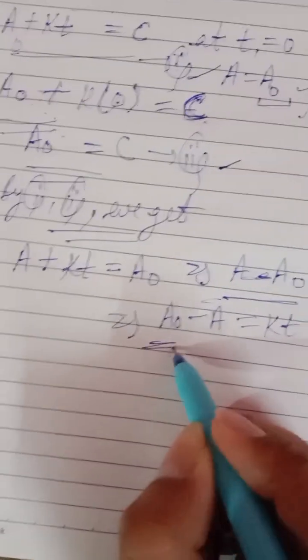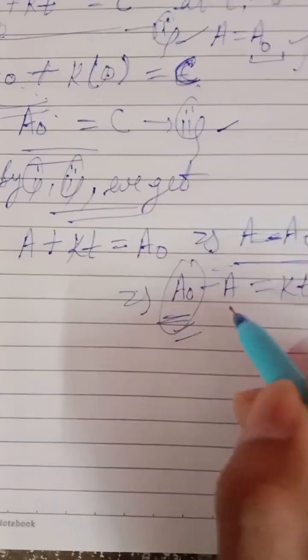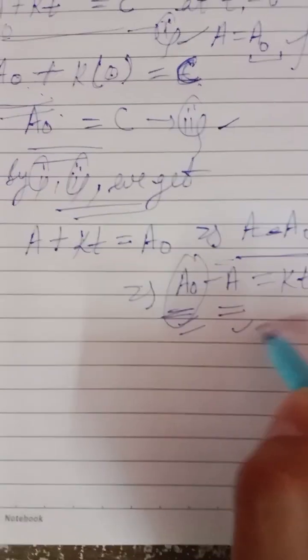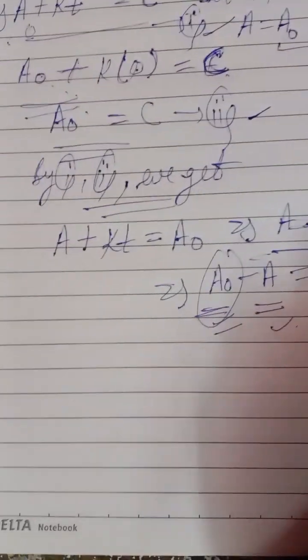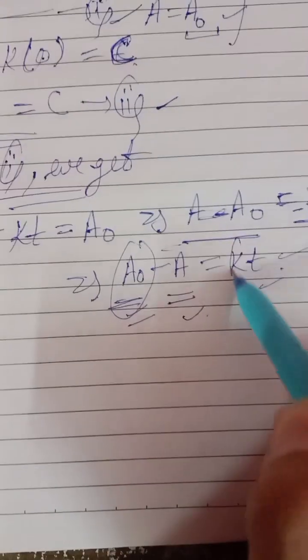Here, A naught is the initial concentration, which is the maximum one, A is the concentration at the particular time t at which we are calculating the rate, and k is the rate constant or the specific reaction rate.